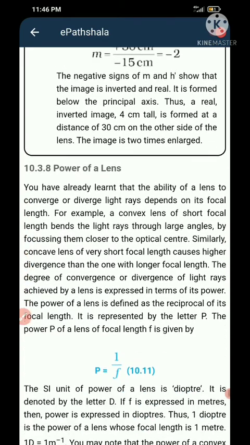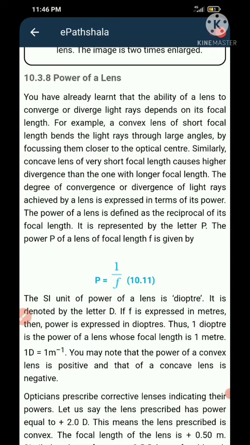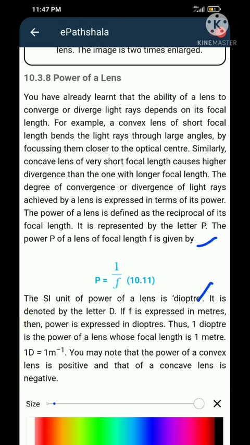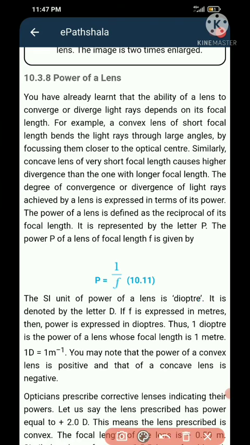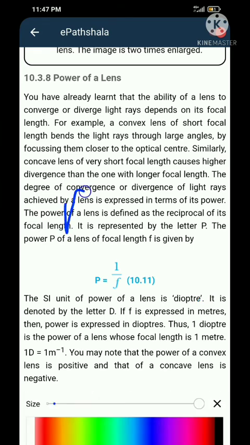Next topic is power of lenses. Power of lenses is very simple. P is equal to 1 upon f, where f is given in meters. In most cases, if f is given in centimeters, you change this formula: P is equal to 100 upon f, because 1 meter is equal to 100 centimeter.